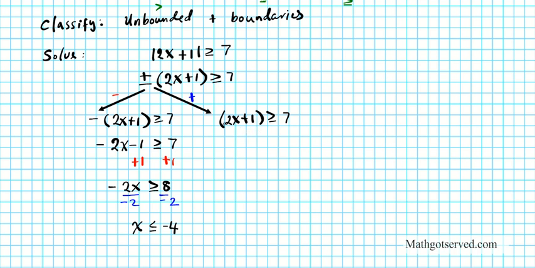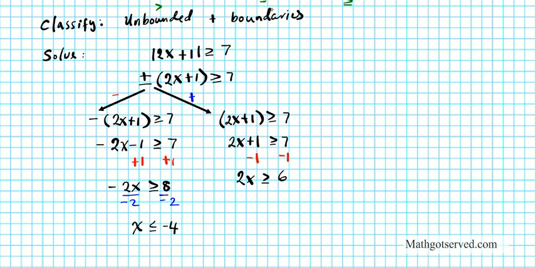And then for this one, there's no minus there, so you have 2x plus 1 greater than or equal to 7. To solve this, you basically do two steps. You get rid of the positive 1 by subtracting 1, and then divide by 2. So subtract 1 from both sides, and you'll be left with 2x is greater than or equal to 6.